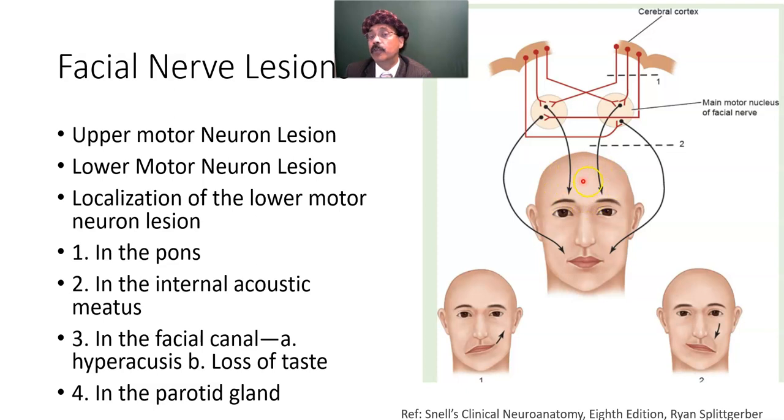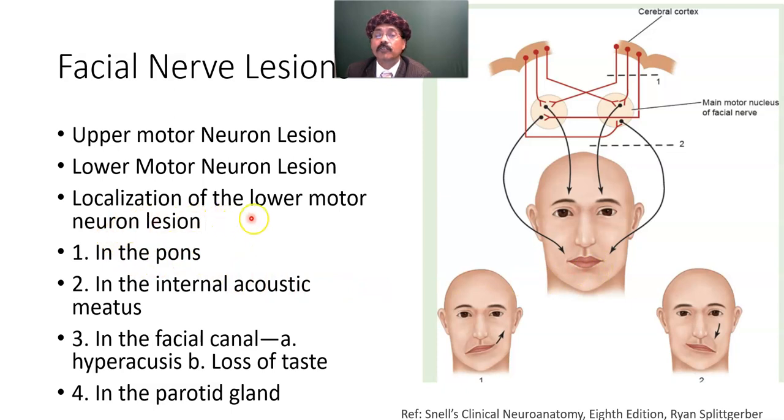The forehead will be spared, but the site of lesion is here. Then the other side of the face below the orbit will be paralyzed. So the contralateral lower part of the face will be paralyzed in upper motor neuron lesion. The forehead area is spared. Lower motor neuron lesion is ipsilateral, it is not contralateral. The entire side of the face muscle will be paralyzed.